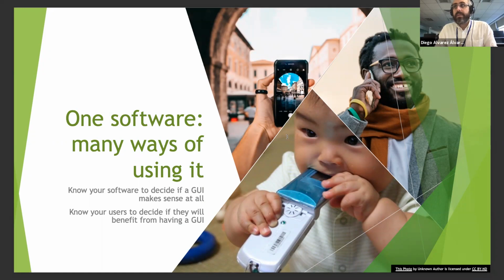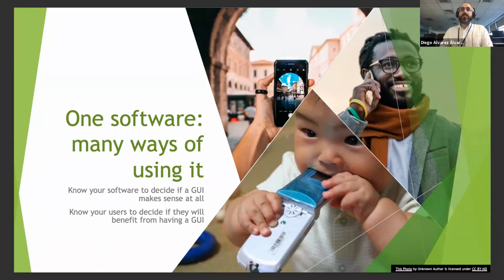Even if they are using the same piece of software, they will use it in different ways, depending on their specific goal and their expertise. The pictures here show the example of a mobile phone. The baby uses a mobile phone in a very specific way, probably not in the intended way for those who designed the phone in the first place.